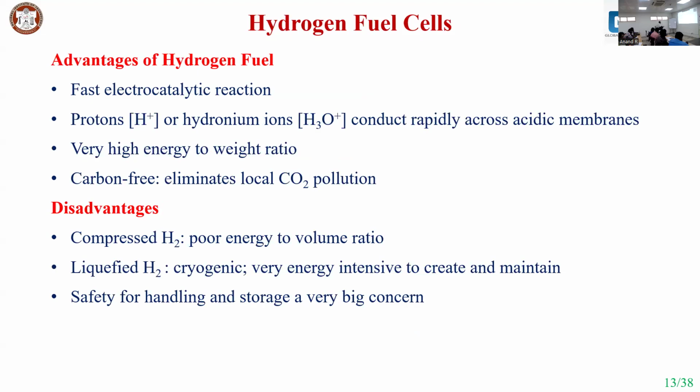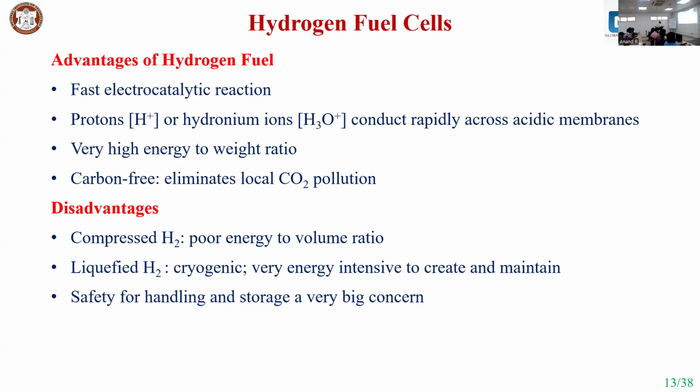Advantages of hydrogen fuel: fast electrolytic reaction, protons and hydronium ions conduct rapidly across the acidic membranes, very high energy to weight ratio, carbon free, eliminates local CO2 pollution. Disadvantage is that you need to store the hydrogen at a pressure of 350 to 650 bar to bring it to the site or to use it in an automotive fuel cell application.